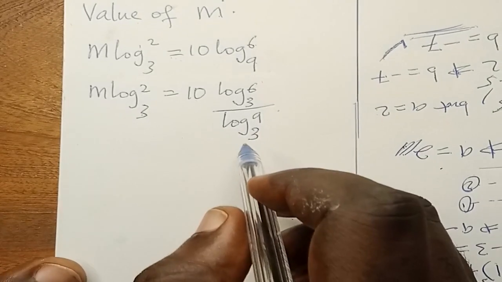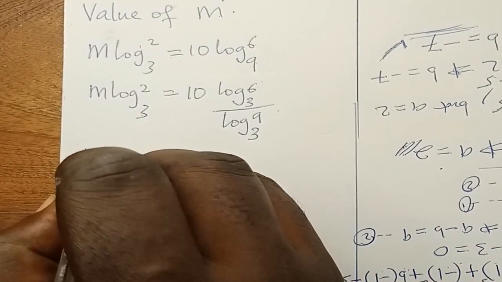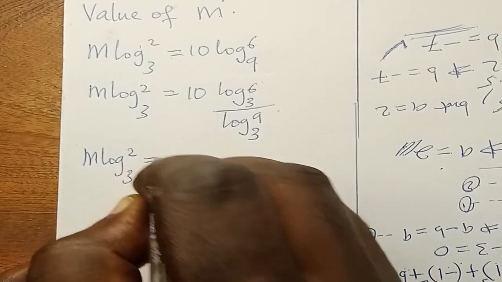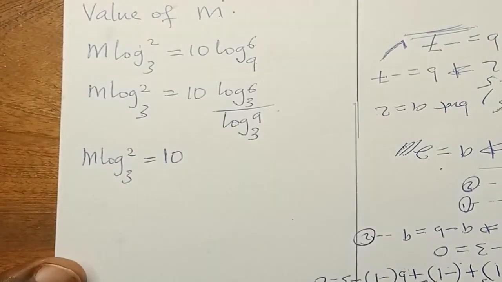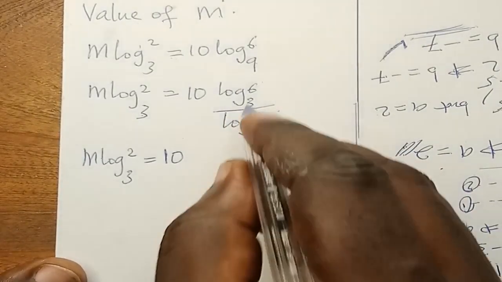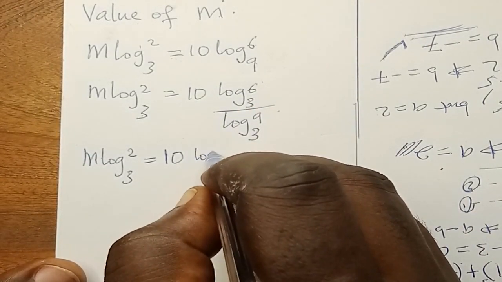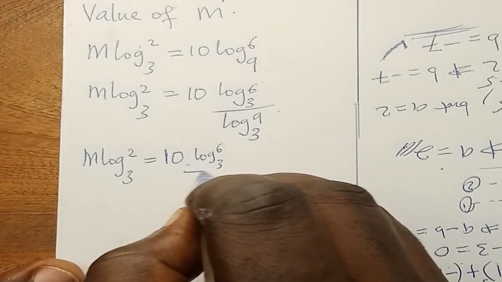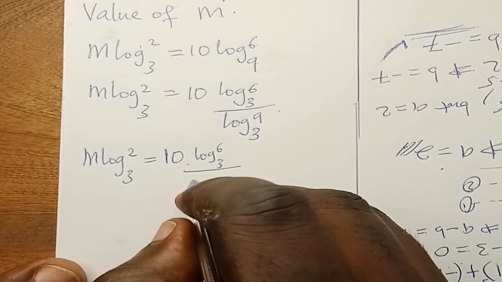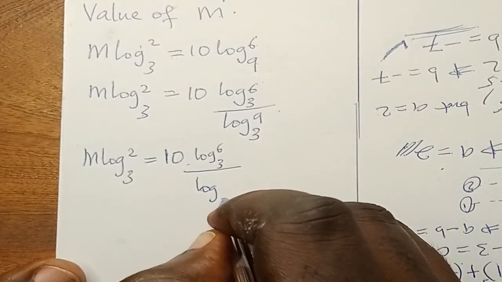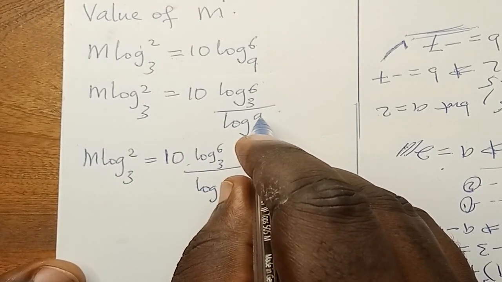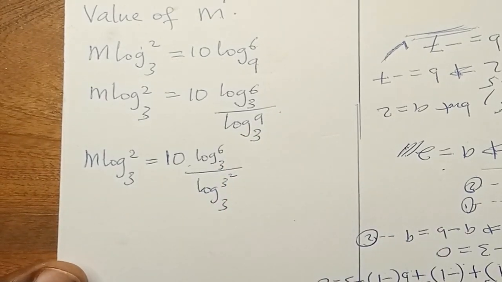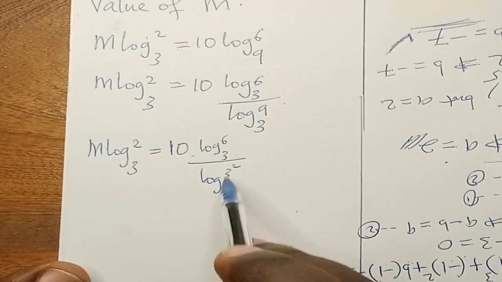To simplify, we can say that m log to the base of 3 power 2 is equal to 10. Then we have log to the base of 3, 6, as you can see here. Then we have log 3. This 9 that is here can be written as 3 to the power 2. So that log of 3 and 3 will give us 1.